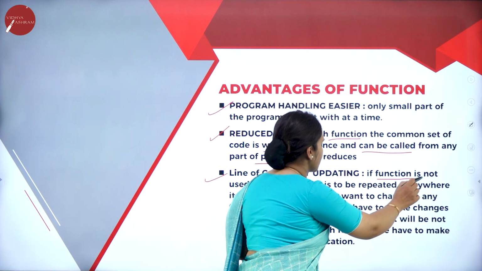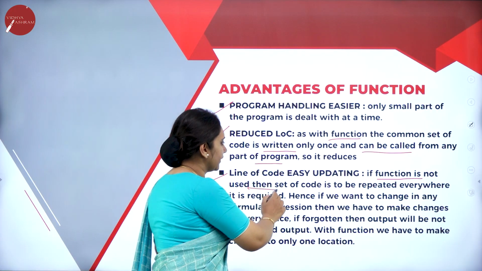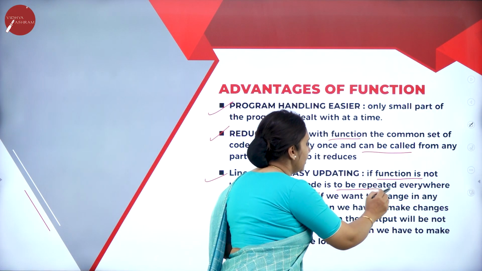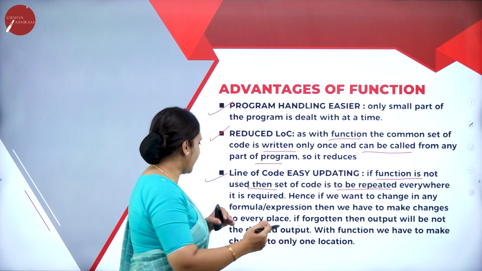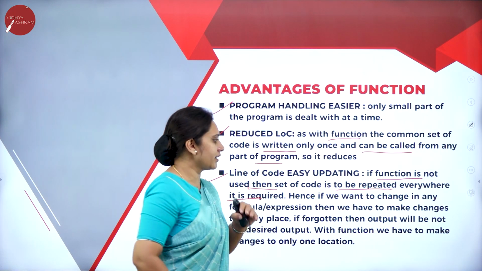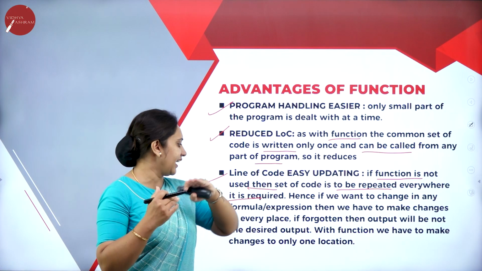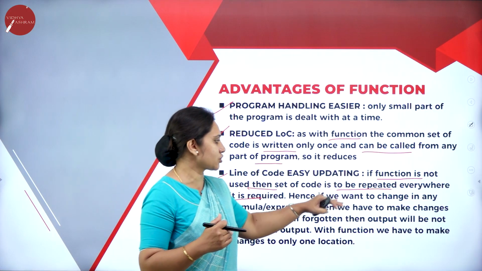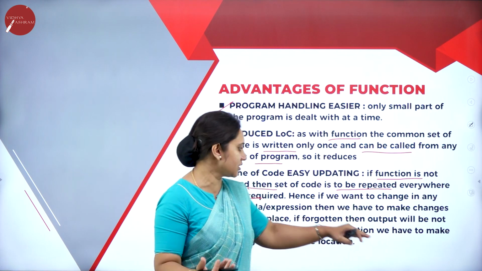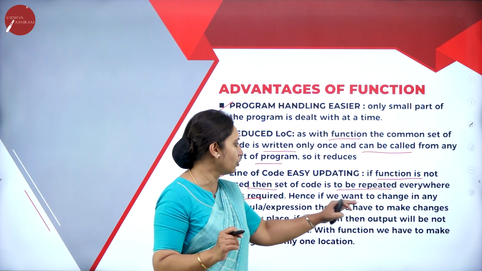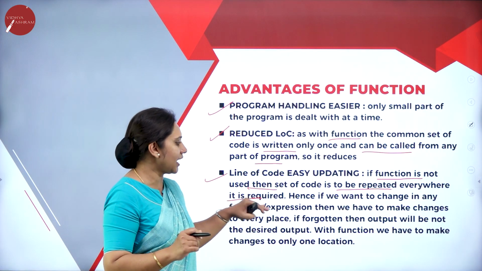For example, if a function is not used, then the set of code has to be repeated everywhere it is required. So if we want to change any formula or expression, we have to make changes in every place, and if we forget one, the output will not be the desired output.